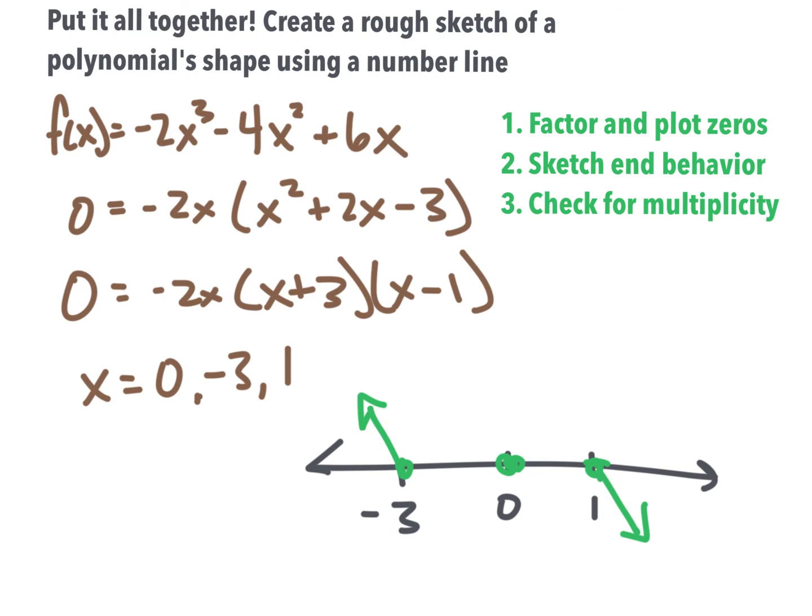Now, because none of these roots have even multiplicity, they all have multiplicity of 1, so it's odd. That means each time that I hit these roots, I'll continue through the point. And there we have it. That's a rough sketch of what negative 2x cubed minus 4x squared plus 6x looks like.